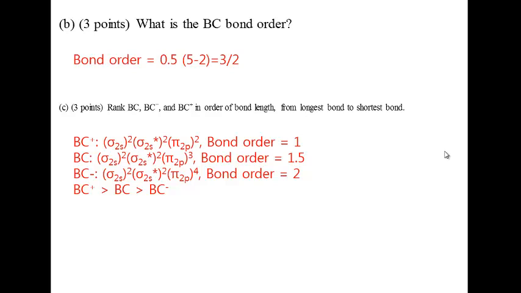So BC minus will have the highest bond order, whereas BC plus will have the lowest bond order. And since the bond length is inversely proportional to the bond order, we can see that BC plus has the largest bond length, whereas BC minus has the smallest bond length.